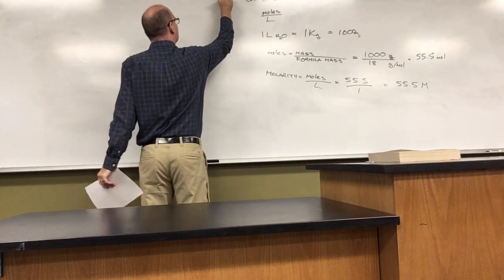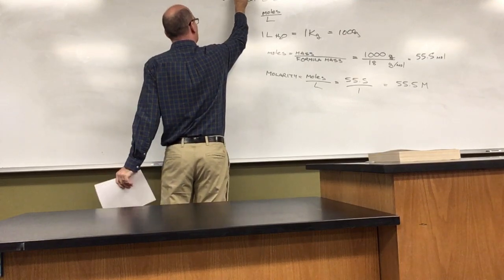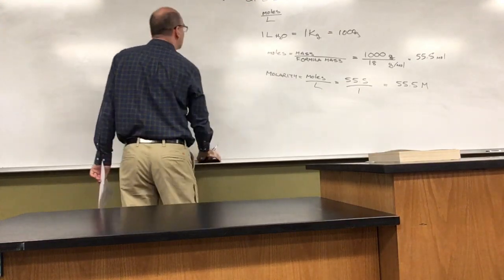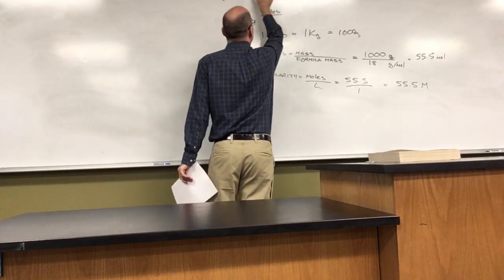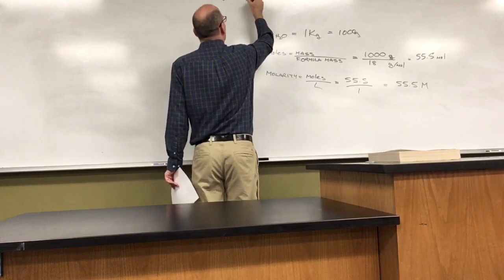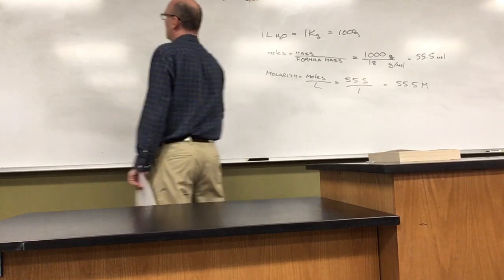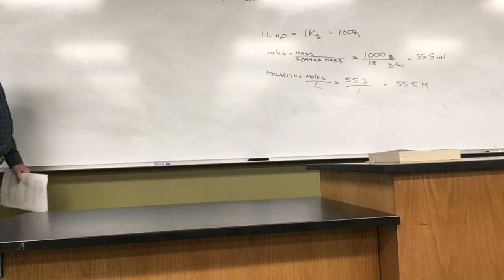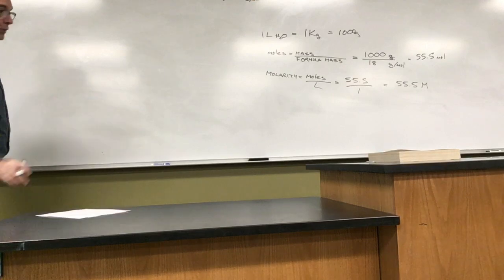And the density of water at this particular temperature, because you have to quote it, is 0.997 grams per milliliter. Okay, so you've got to convert the mass into moles.